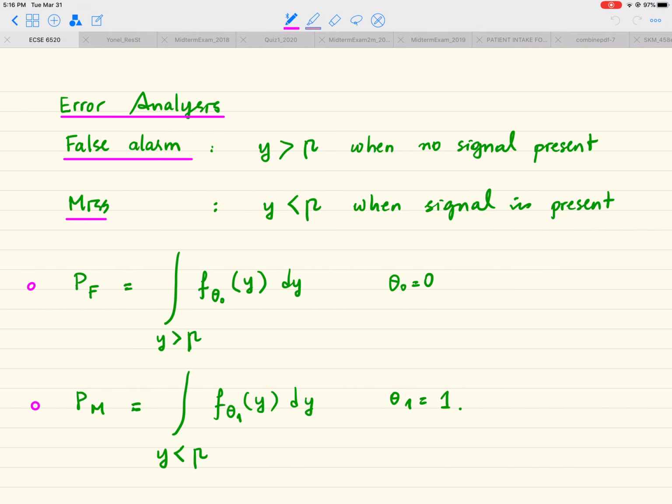So of course, the output of our filter at time cap T is y, some scalar quantity y.